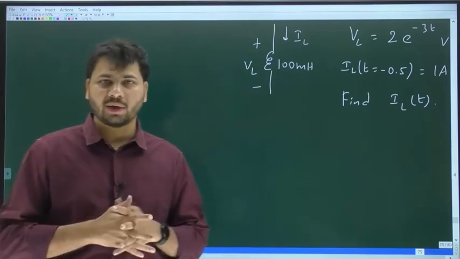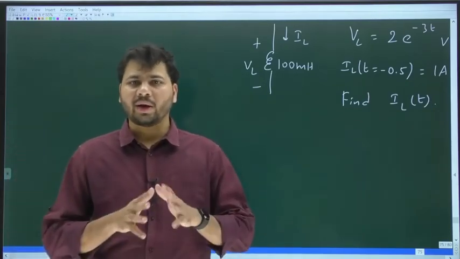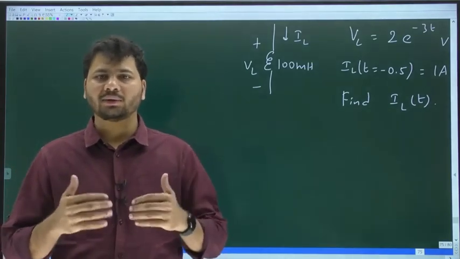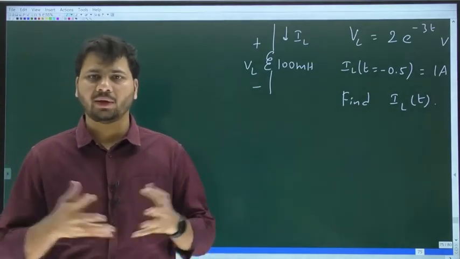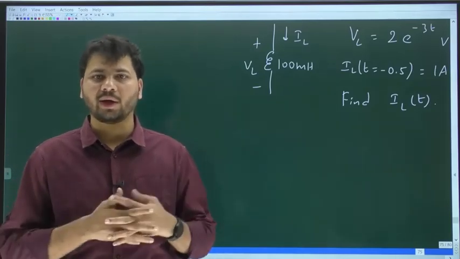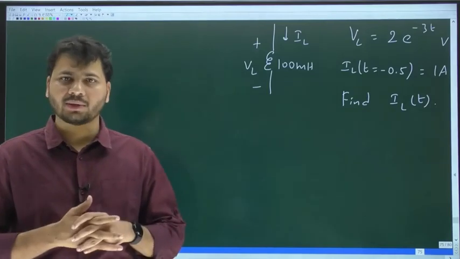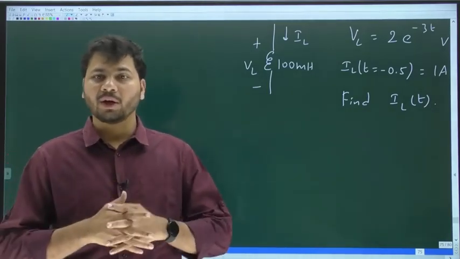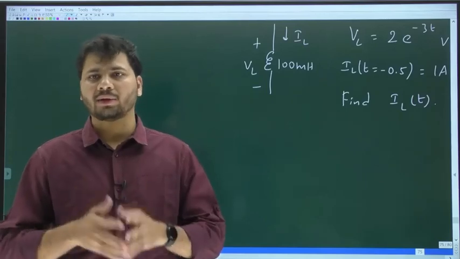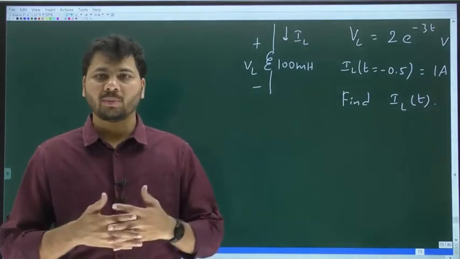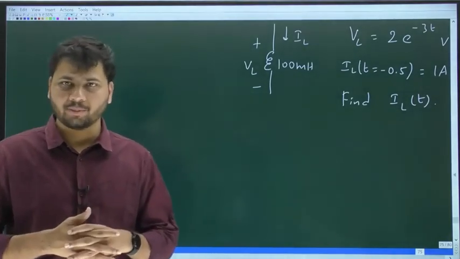At DC steady state, all voltages and currents are going to be DC. I'll say it again. Any circuit at DC steady state, every voltage and every current will become constant.